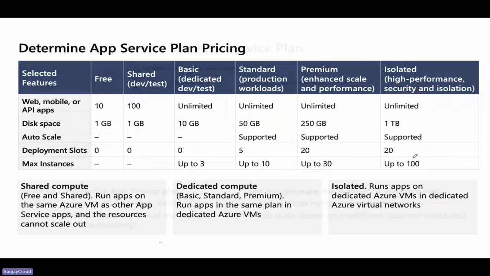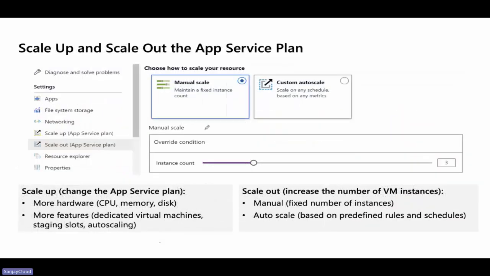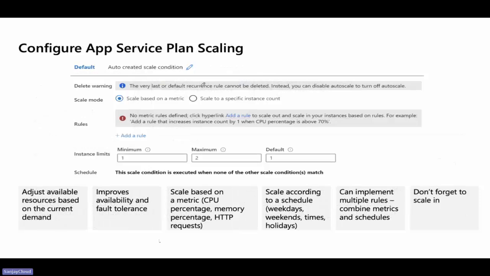So let's check the next topic, scaling. We can scale up, which means vertical scaling, and we can scale out, which means horizontal scaling. We can perform both types of scaling. We can do manual scaling as well. Manually we can also scale an application. I will show you practically. Configuring app service plan scaling: how will we configure auto scaling?